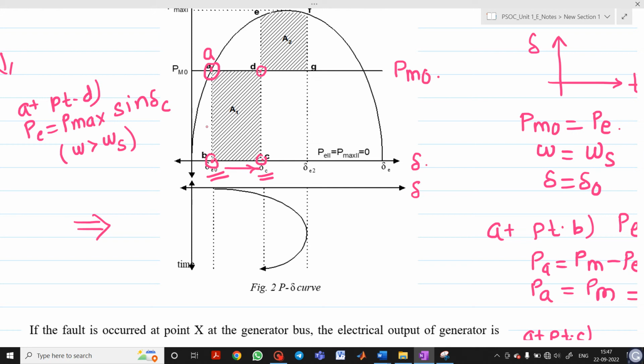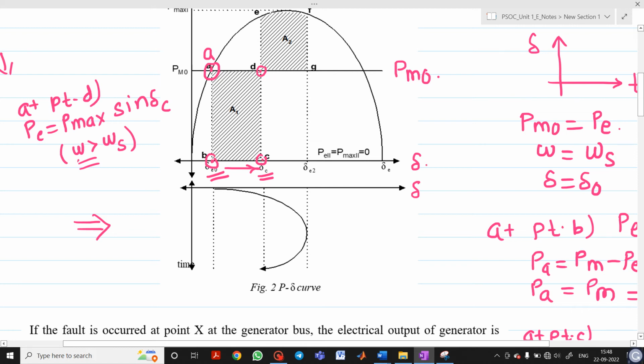So because of the acceleration power being more, the rotor angle delta increases, and obviously the speed will be greater than synchronous speed. But still at point D, your speed will not be reduced, it will still be greater than omega s. And your operating point will suddenly shift from point C to point D whenever the fault is cleared.